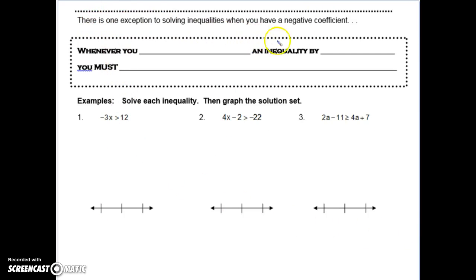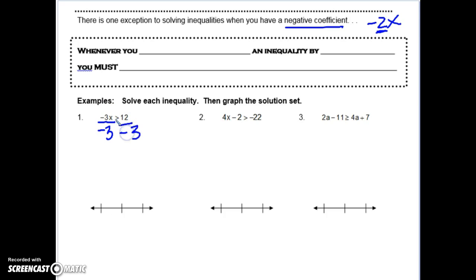There's one exception to solving inequalities when you have that negative coefficient. So maybe let's write that again. So negative coefficients, whenever you see that, think about how we would solve this. Our first step would be to get x alone, and the opposite of multiplying by -3 would be to divide by -3.